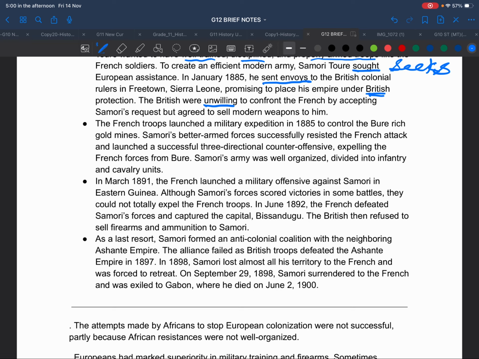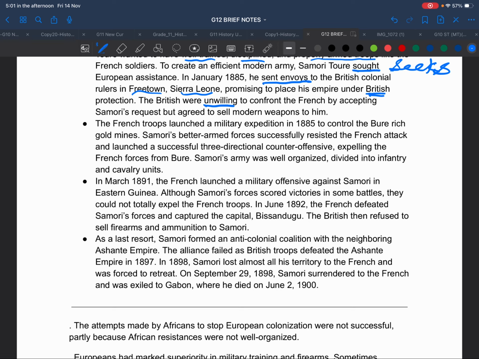His land was about to be taken by the French. The British were nearby in Freetown, Sierra Leone, their colonies. So he wanted to make Britain his ally, meaning the British should be on his side.